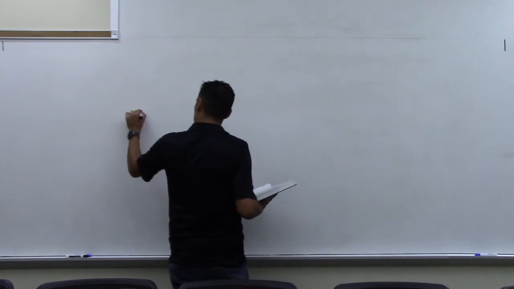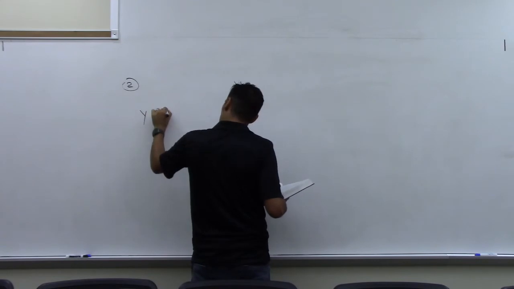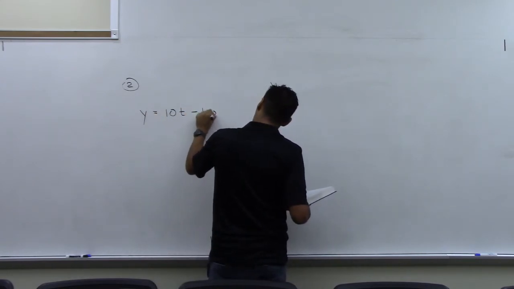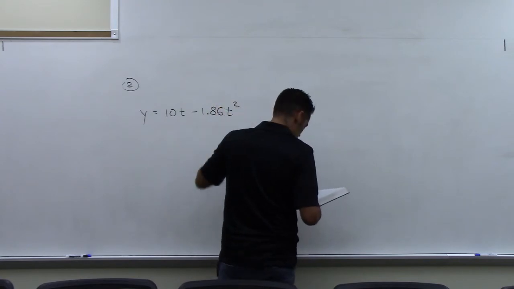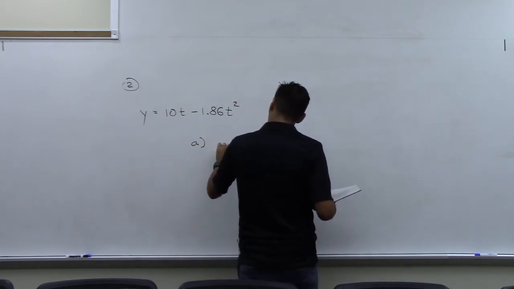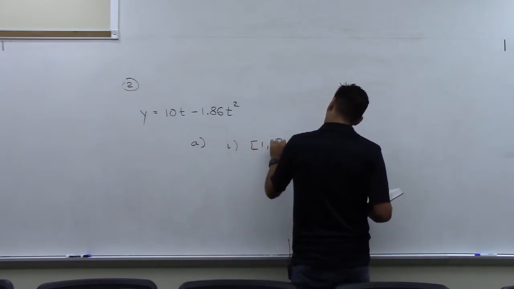So you've got this equation, this is number 2. y equals 10t minus 1.86t squared. And for part A, part 1, they give you 1, 2.